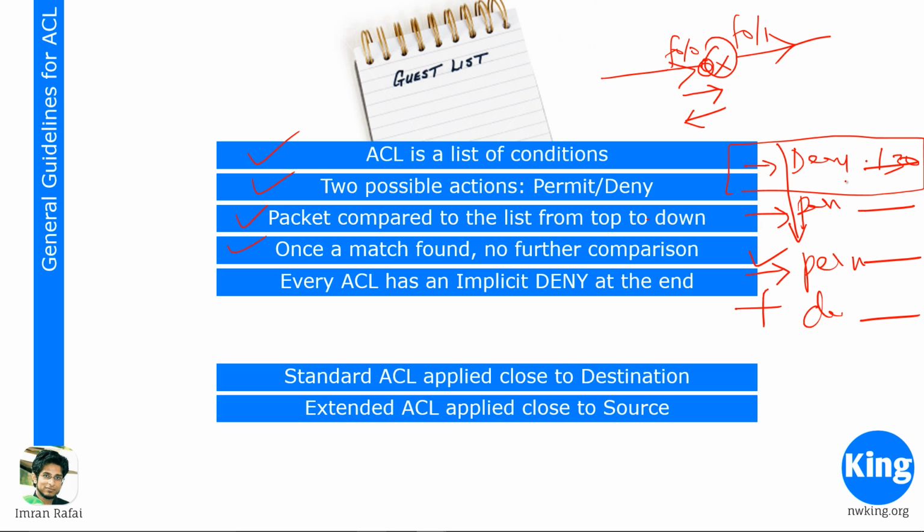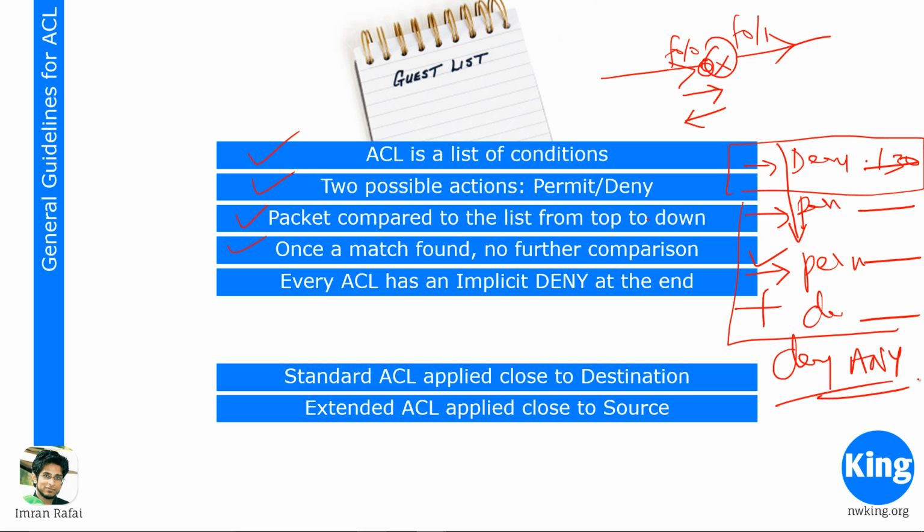You're just putting this one deny command, and you're thinking, okay, I'm just denying 1.30, but everything else will be allowed. No, you're wrong, because at the bottom of every ACL there is a deny any command. You may not see it in your running configuration, or if you look at your access list, you will not see it. But just know that by default, every ACL has an implicit deny at the end.